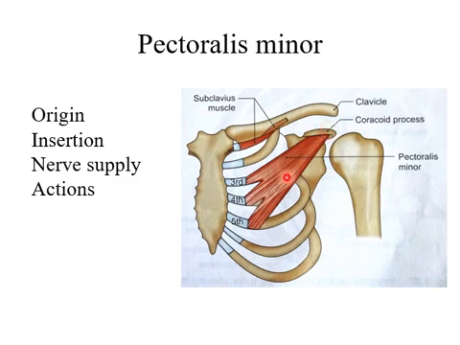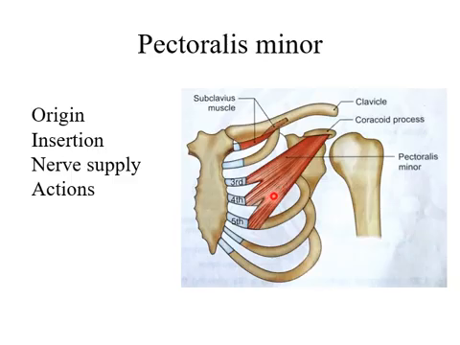Now this muscle gets inserted on the medial border and upper surface of the coracoid process. It is also supplied by medial and lateral pectoral nerves, and actions of the pectoralis minor are: this muscle causes protraction of the scapula. Protraction means it draws the scapula forward.